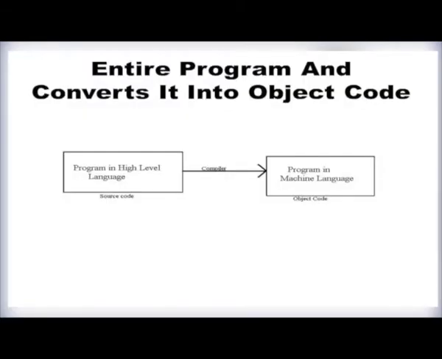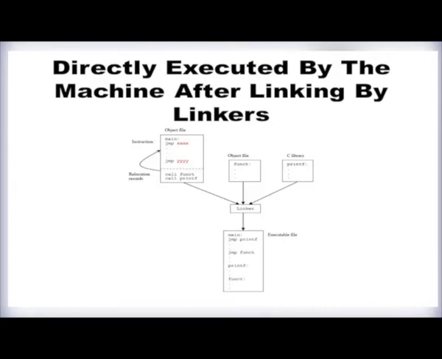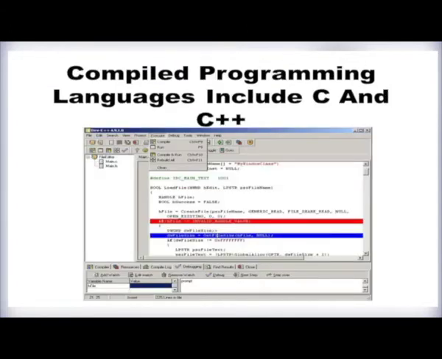A compiler takes the entire program and converts it into object code, which is stored as an .obj file. The object code is also referred to as binary code and can be directly executed by the machine after linking by linkers. The compiled programming languages include C and C++.